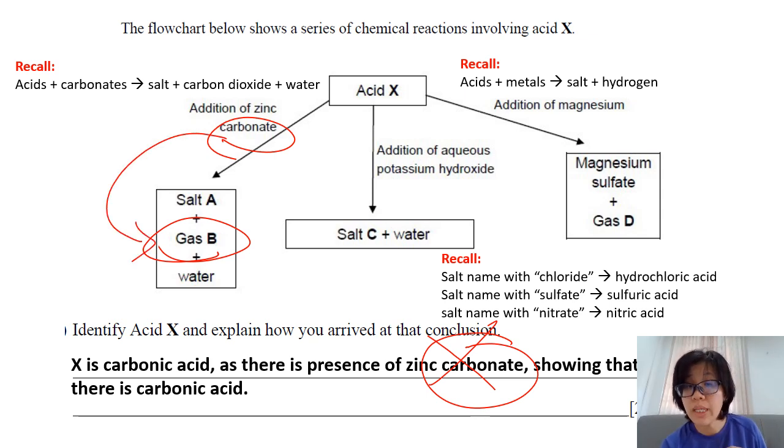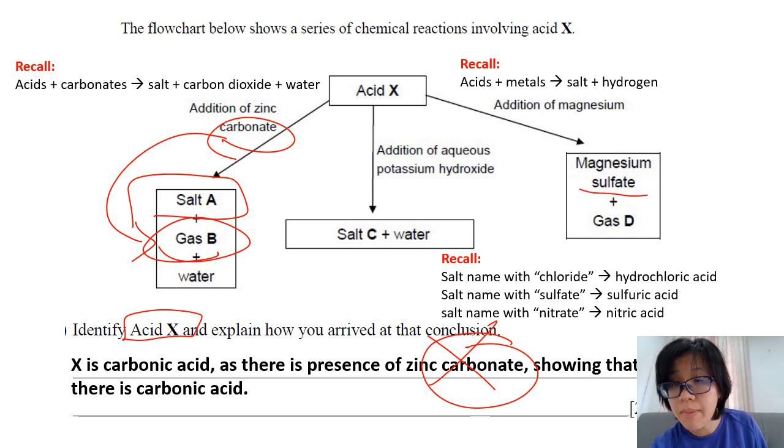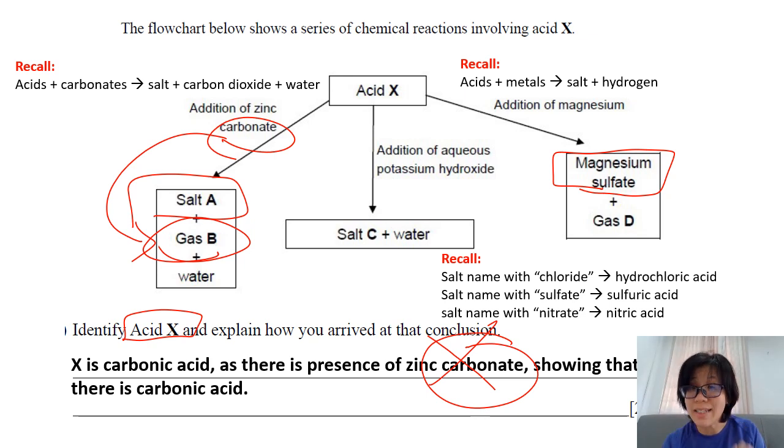The thing that tells you what acid it is, is the name of the salt. In this case, on the left side, they never tell us the name of the salt. As such, I cannot guarantee what acid it is. However, on the right side, we see magnesium sulfate. Just now I said, from the name of the salt, you will know what acid it is.